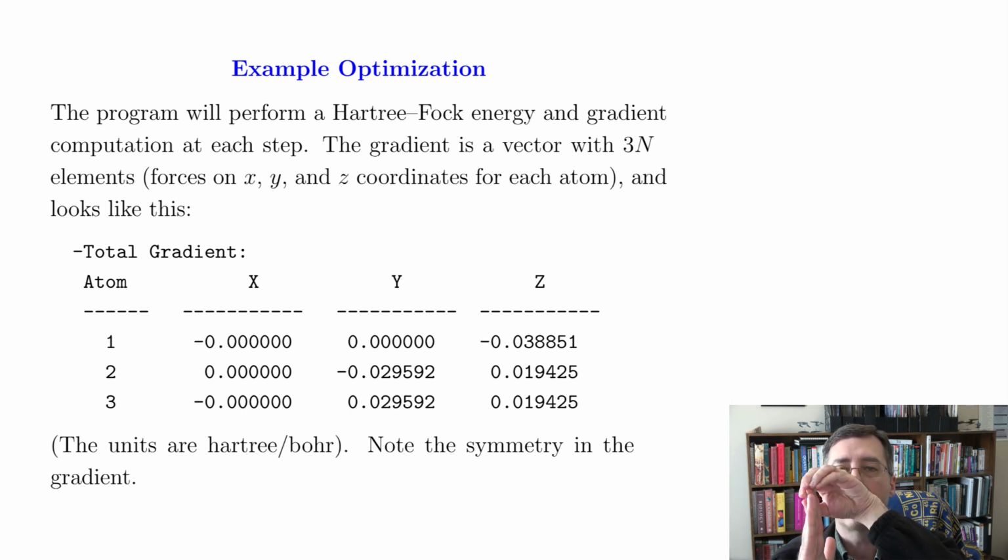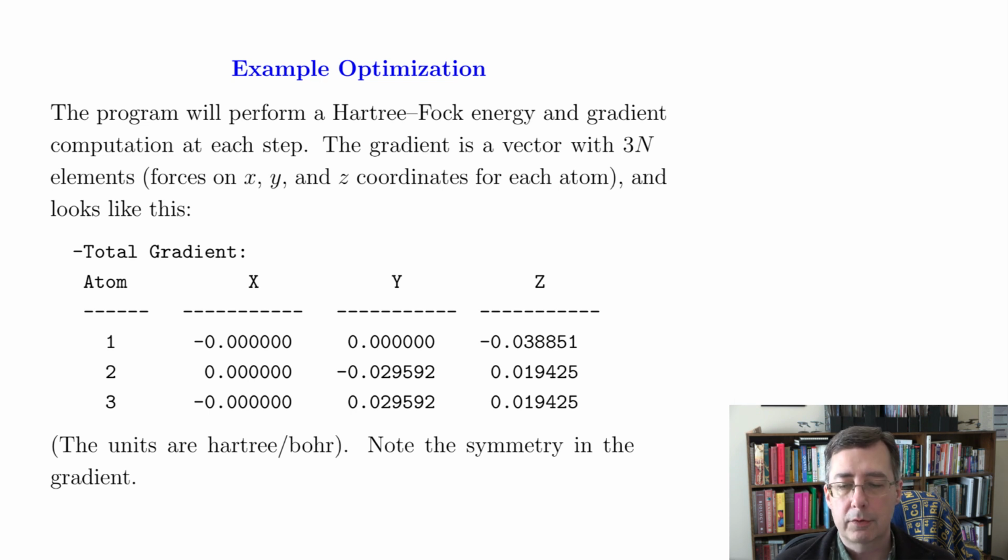And so if it's lying on the z-axis, then there's no particular reason why it would want to be shifted in the x or y directions, because this is a symmetric molecule, and things in the x and y directions are identical to each other in H2O. And so the oxygen doesn't feel a gradient in those directions.